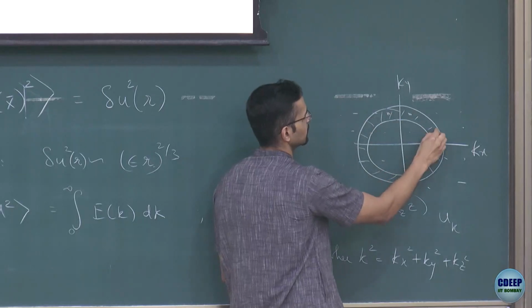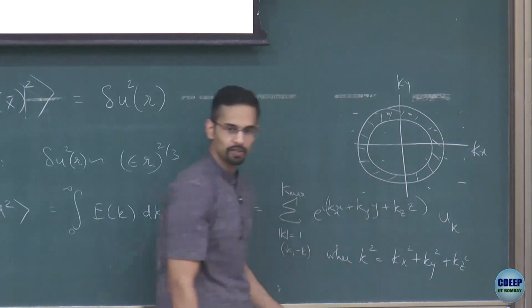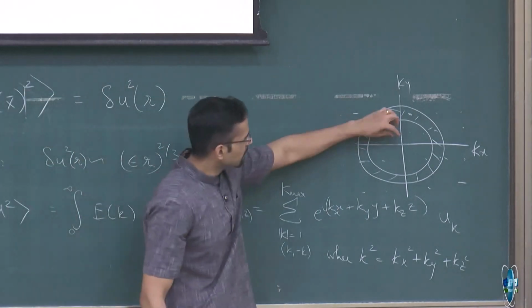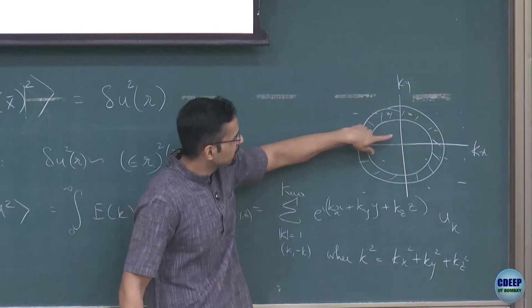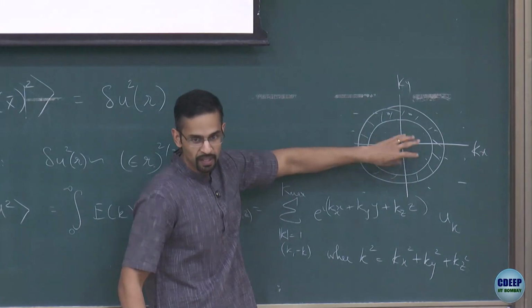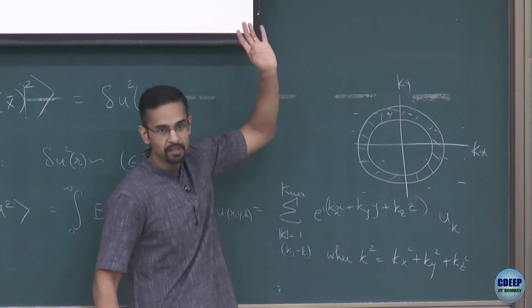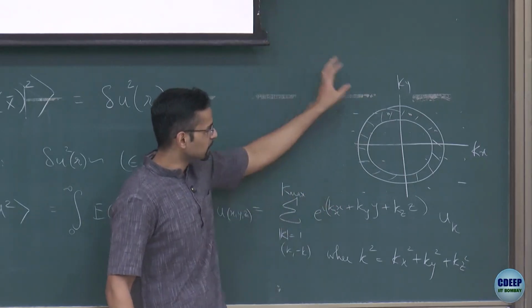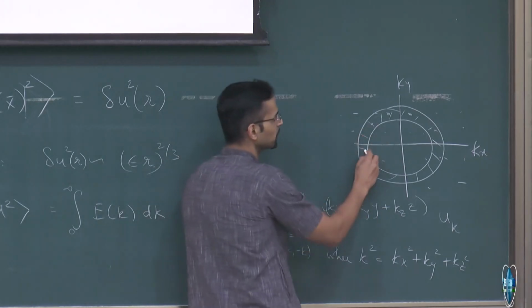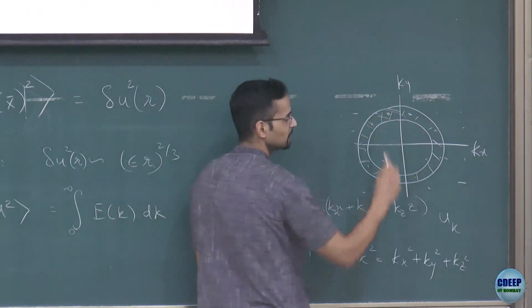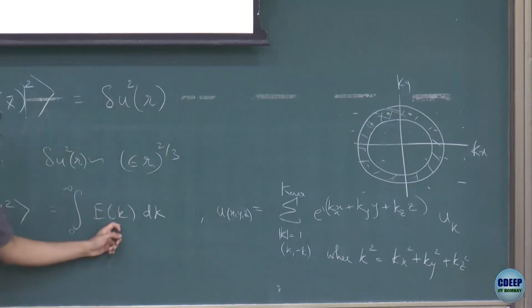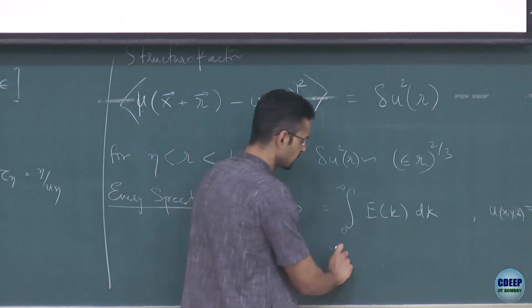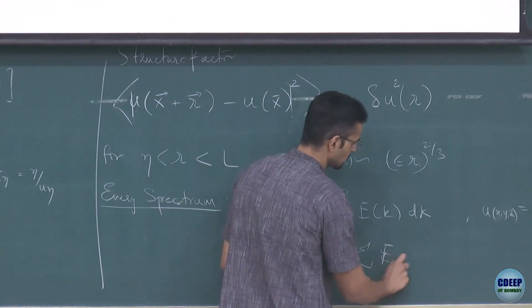This has many different discrete modes, and I sum up all of them to get a particular wave number magnitude k. If I am looking at large wavelength structures, I will look at a shell close to k equal to 0, and high wave number features will be in shells at much larger circles in k space. If I sum up the amplitude of all the modes in a particular shell, that gives me this E of k, suitably normalized.